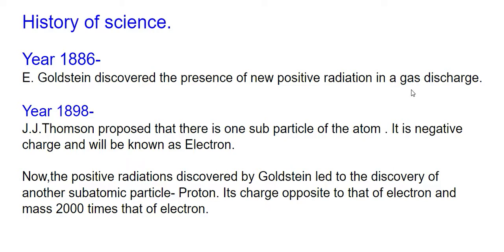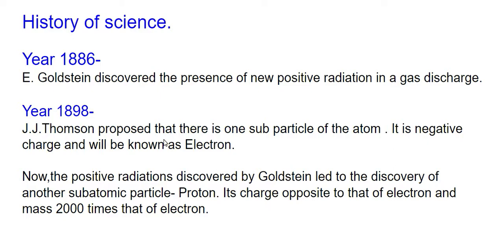Accidentally, this was discovered by him. In the year 1898, J. J. Thomson proposed that there is one subparticle of the atom. It is negatively charged, and henceforward it will be known as the electron. So for the first time, something inside the atom, a subparticle, was proposed by J. J. Thomson.